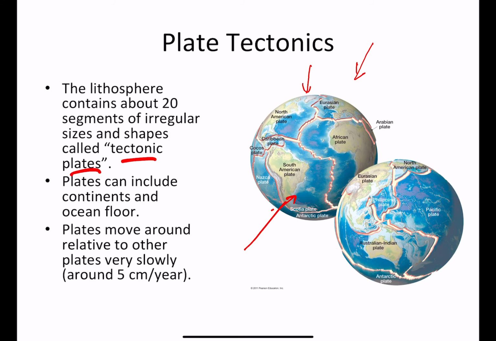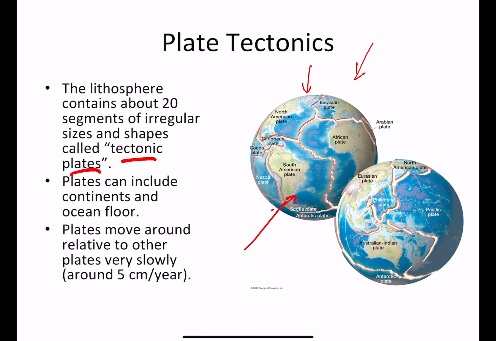We talked about how the outer layer of the earth is called the lithosphere, and the lithosphere is hard like the shell of an egg, and then the lithosphere is not completely intact. It's broken up into these segments, and these segments are what we call tectonic plates. Now, since the tectonic plates, which are basically the segments of the lithosphere, are sitting on a soft surface, the asthenosphere, they have the freedom to move around a little bit.